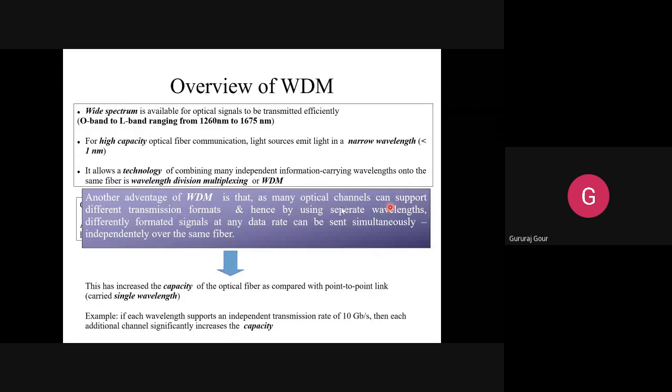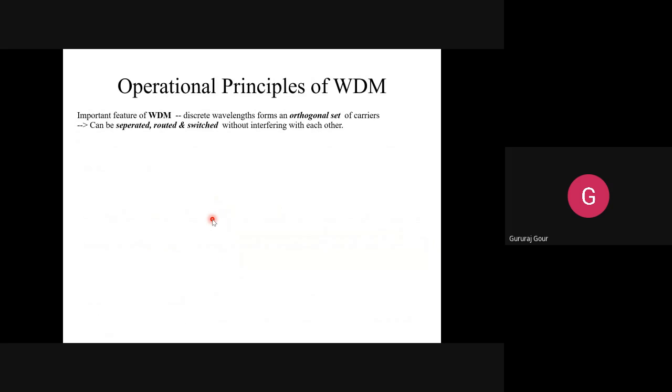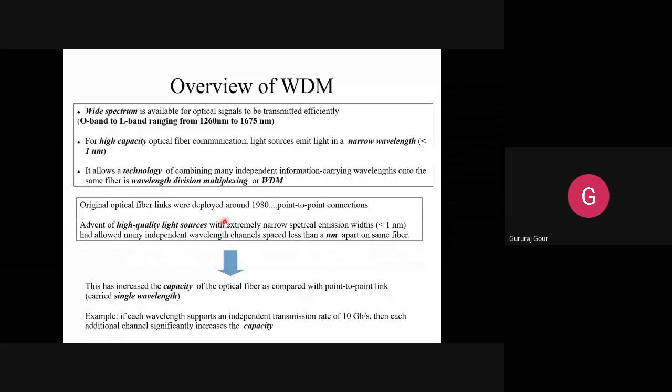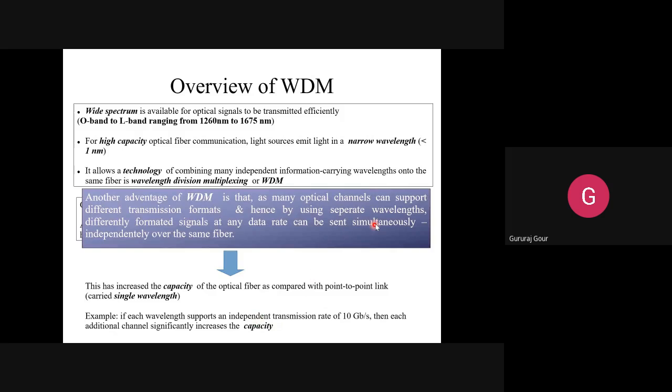Many optical channels can support different transmission formats. Means what? As you have seen here, it is supporting multiple channels. Each channel is supporting a different wavelength and a different format of data. That's what he's telling. Many optical channels can support different transmission formats.